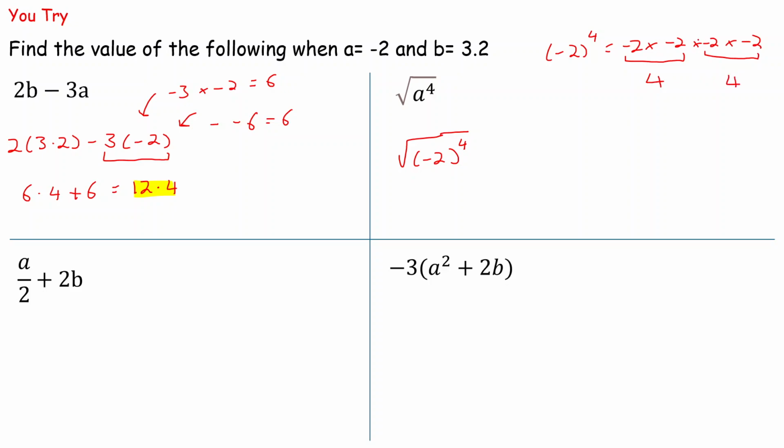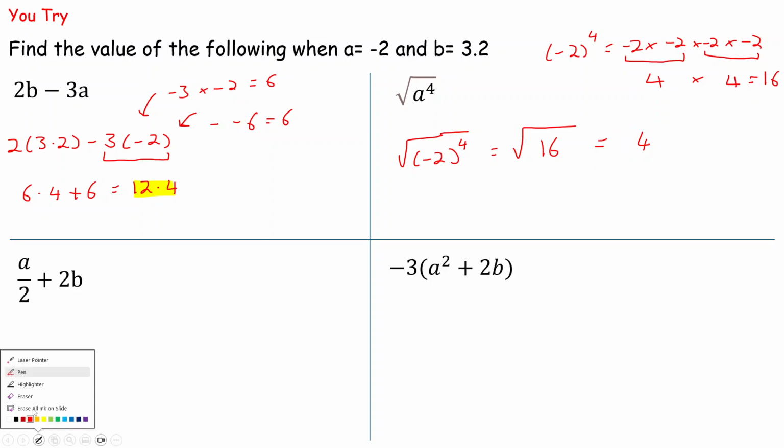So you've got 4, you've then got times by 4 is equal to 16. We've got the square root still there, and this part here gave us 16. So we've got the square root of 16, which we know is 4. Again, it could be plus or minus 4. Minus 4 squared is 16, but for the sake of this video, 4 is absolutely fine. Okay, so 4 is your answer for the second one.